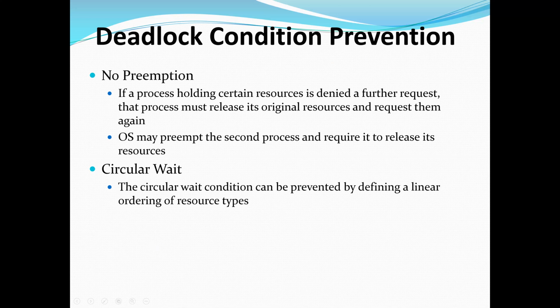If a process has been allocated resources of type R, then it may subsequently request only those resources of types following in order. So the circular wait condition can be prevented by defining a linear order of resource types.